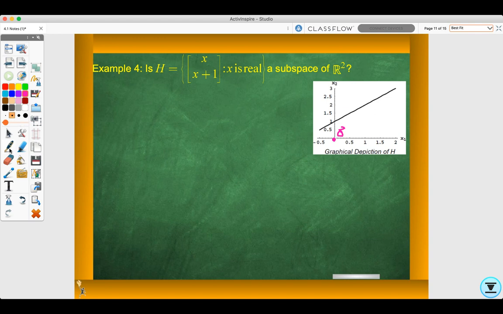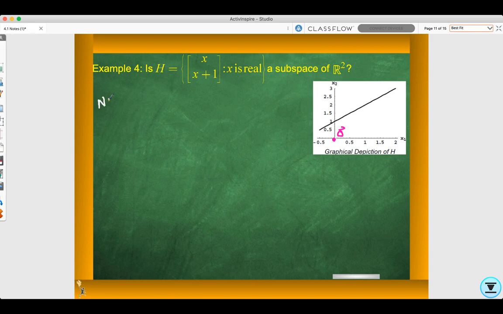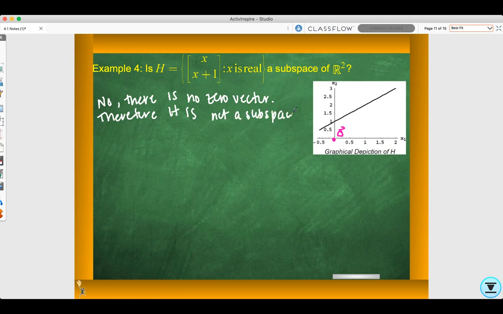So it does not satisfy A. So first, you could say no. There is no 0 vector. Therefore, H is not a subspace of R2. So the property fails.